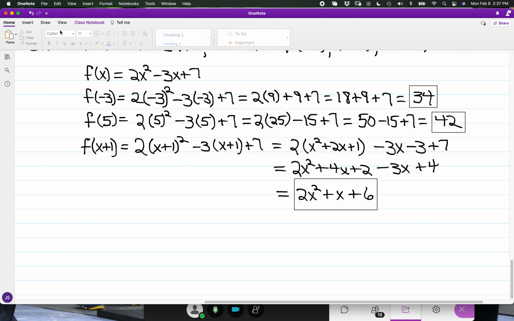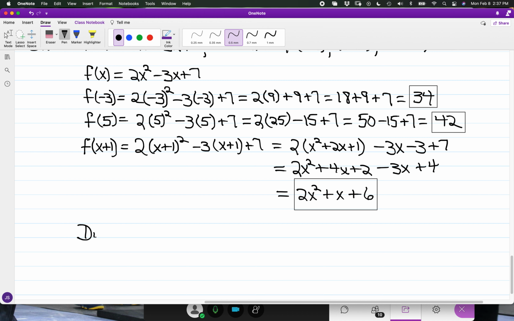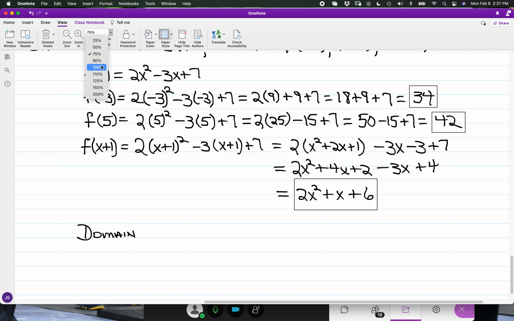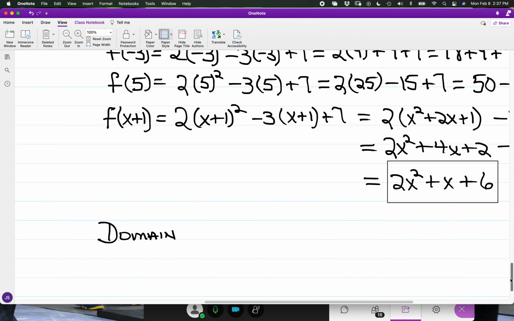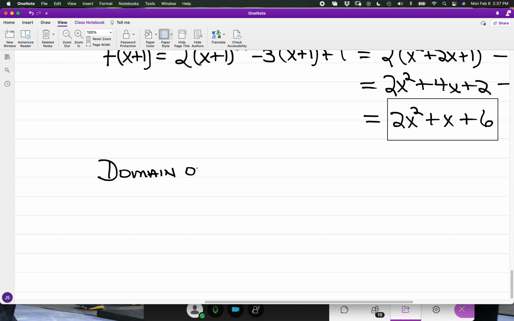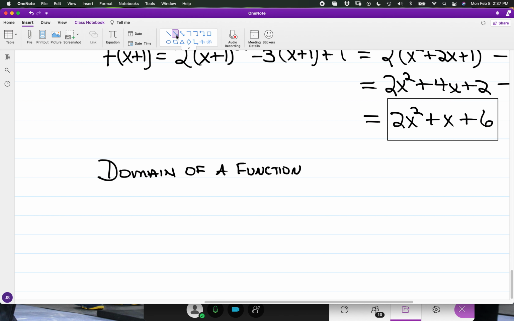And we have for the domain of a function.